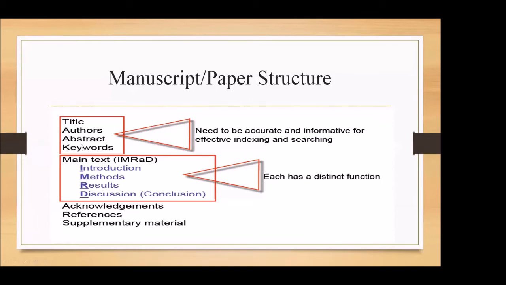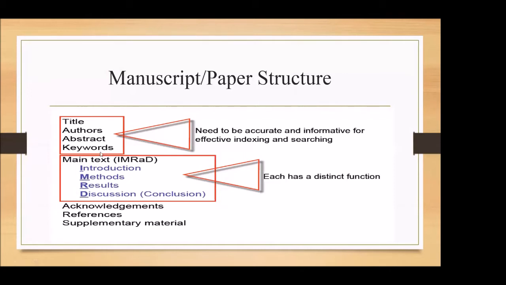When you search for any article, you usually search by title, by the name of the author, or sometimes by keywords. So this part helps you with effective indexing and searching.